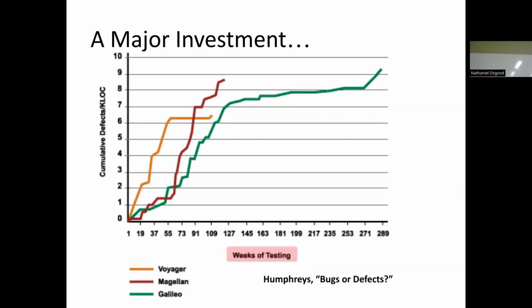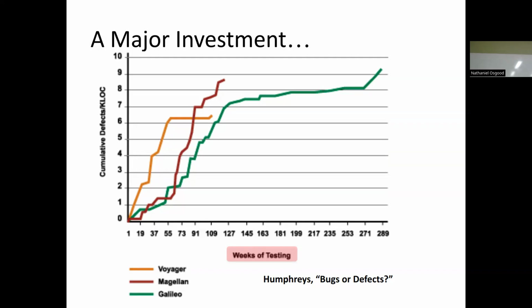I also want to make the obvious observation here. They were finding defects after years, right? Even Voyager, as the 2-year mark approached, found a few more defects towards the end.